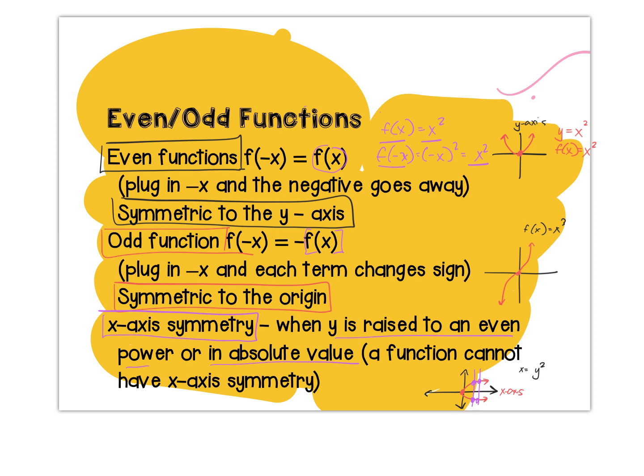Algebraically, you're just going to swap the x out for the opposite of x, and see what you end up with. If you end up with the same as what you started, then it's even. If all the signs change at the end, then it's an odd function. And if none of those two things happen, it's a neither.